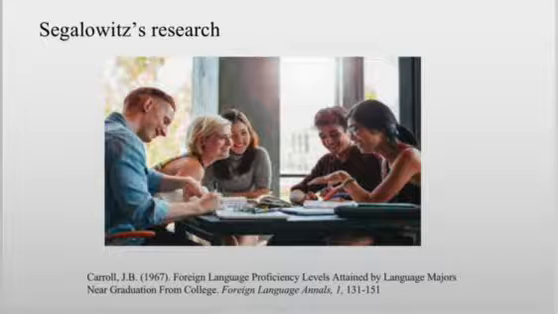In Segalowitz's research, the researchers invited 46 American students who spoke English as their first language and had not formally studied Spanish, dividing them into two groups, those who studied in their domestic classrooms and those who studied abroad.